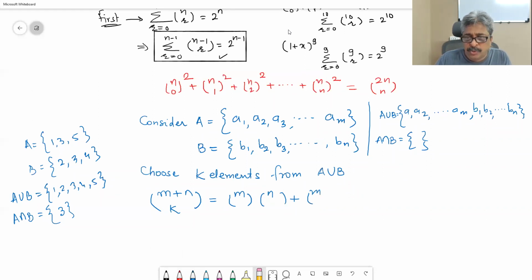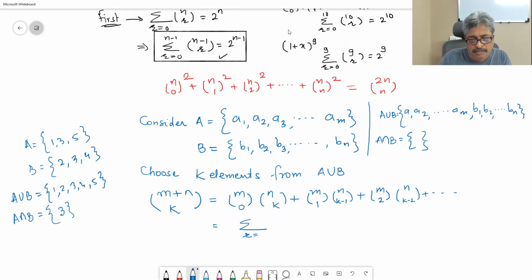M plus n choose k is one way of choosing k objects out of m plus n, and another way is choose 0 from A, and hence you have to choose all k from n, or you choose 1 from A and you have to choose k minus 1 from B, or you choose 2 from A and choose n in k minus 2, plus r, and this time it is easy to write in sigma.